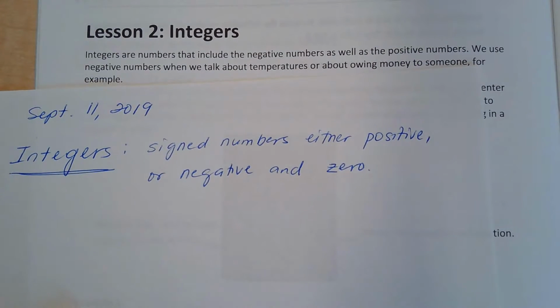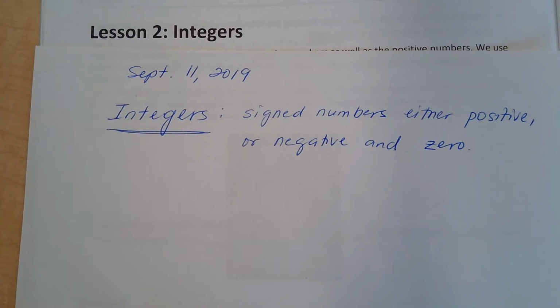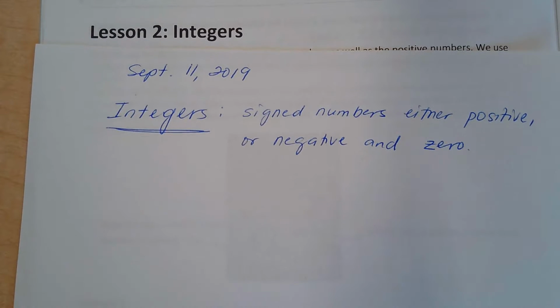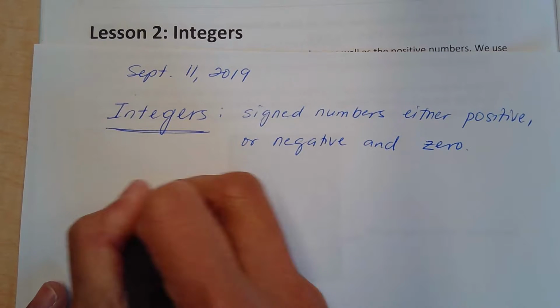Zero is also an integer. Okay, so integers are either a positive number, a negative number, or zero, and it's a whole number. Okay, so let's take a look at some examples.